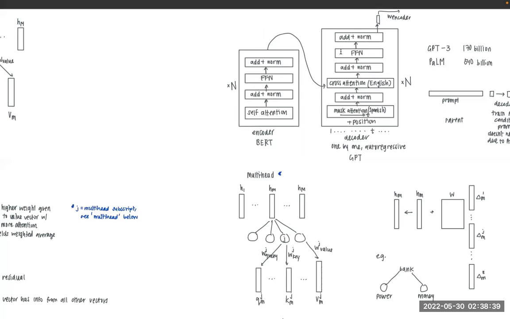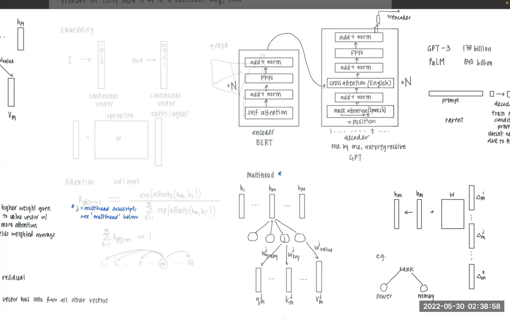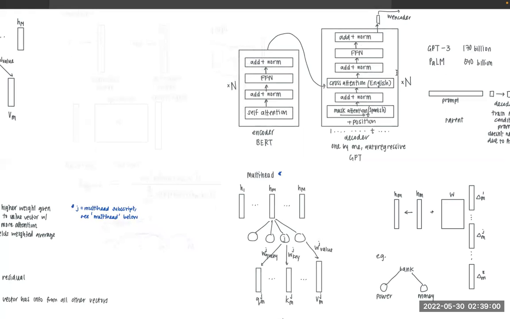And then this vector, supposedly for generating machinus, starts to go through the feed forward neural network, and again add normalization, and then you get this vector. This vector then goes through a decoding matrix, right?